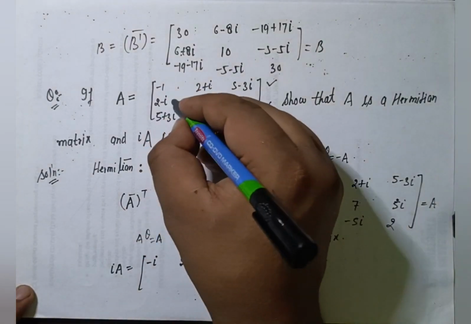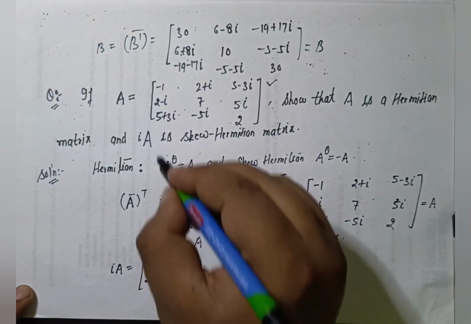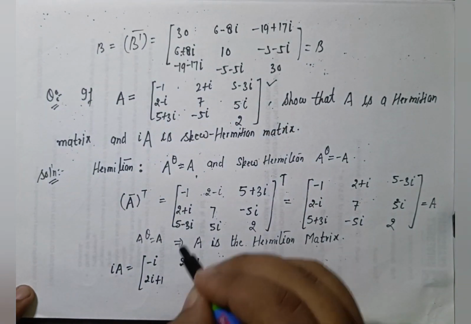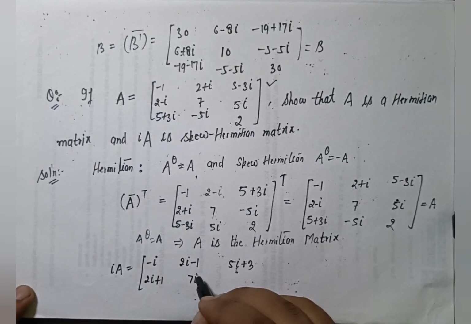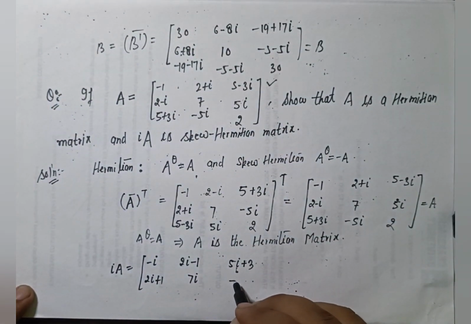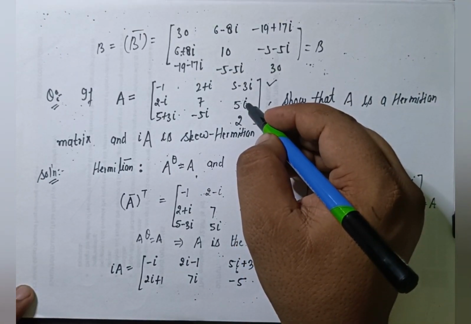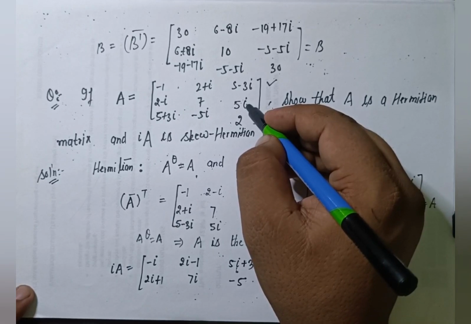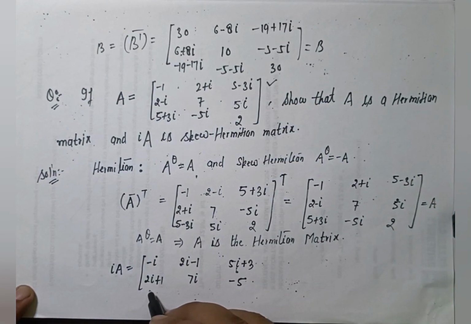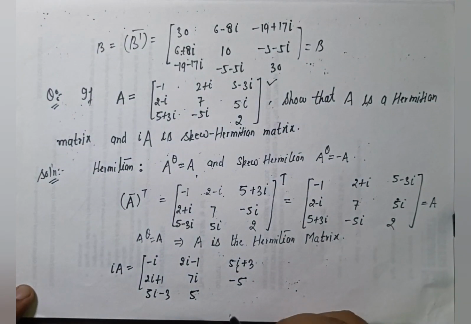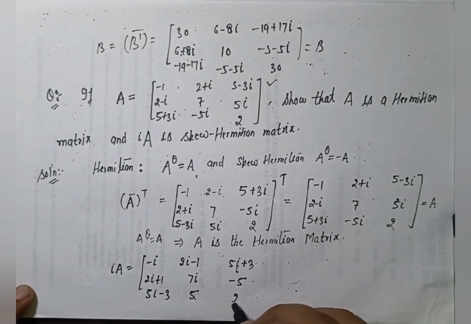And 2 minus iota means 2 iota; iota into iota is iota square, that is minus 1, that is plus 1. And it is 7 iota, and 5 iota square, that is minus 5 iota. If you multiply by iota in this number, then it will be 5 iota square, and iota square is minus 1. So next 5 iota and minus 3, or 5; 5 iota square is minus 1, so it is 5, then it is 2 iota.